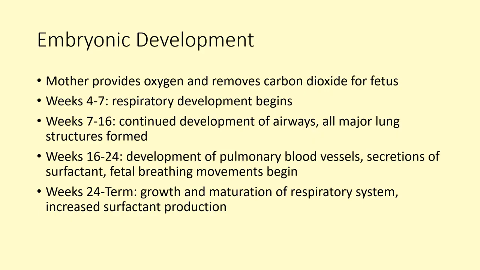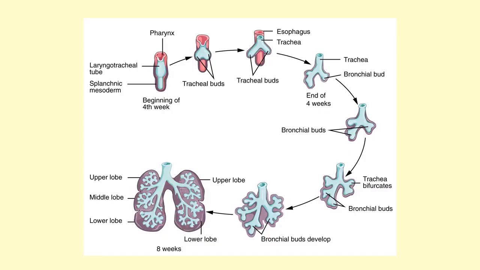You have secretions of the pulmonary surfactant starting. You do have some of what they refer to as fetal breathing movements beginning. Now, they're not breathing as far as providing oxygen, but you get that muscle movement starting. Weeks 24 to term is growth and maturation of the respiratory system, and you have increased surfactant production.